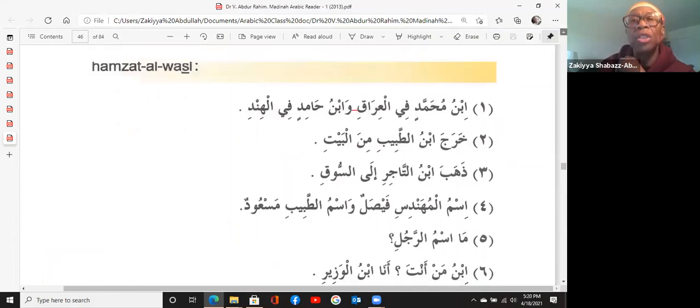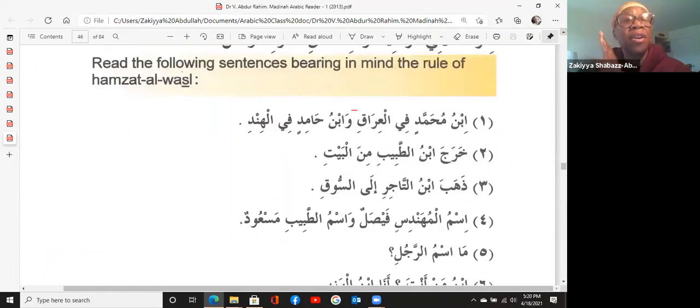They're telling you to do the same thing: read the following sentences, bearing in mind the rule of Hamzatul Wasl. And all you're going to do is the same thing we just did.